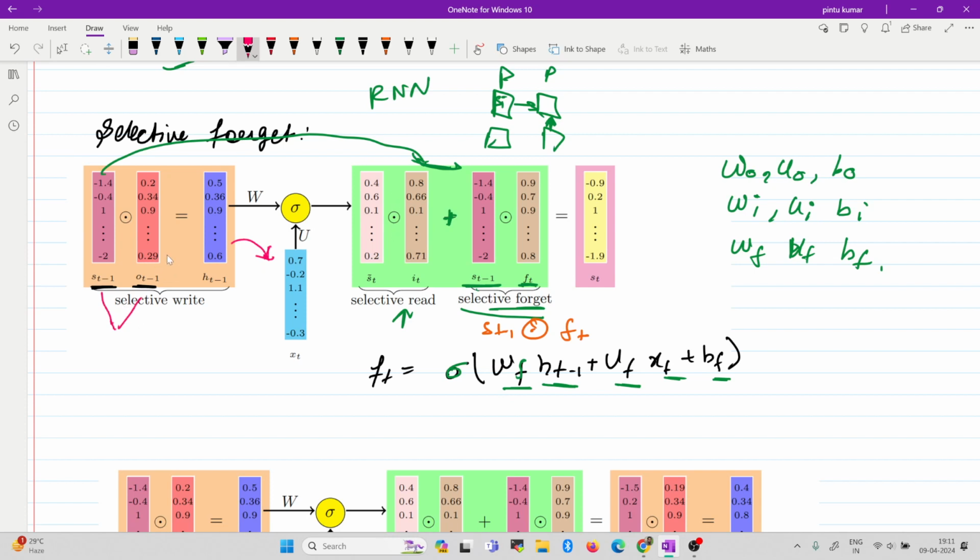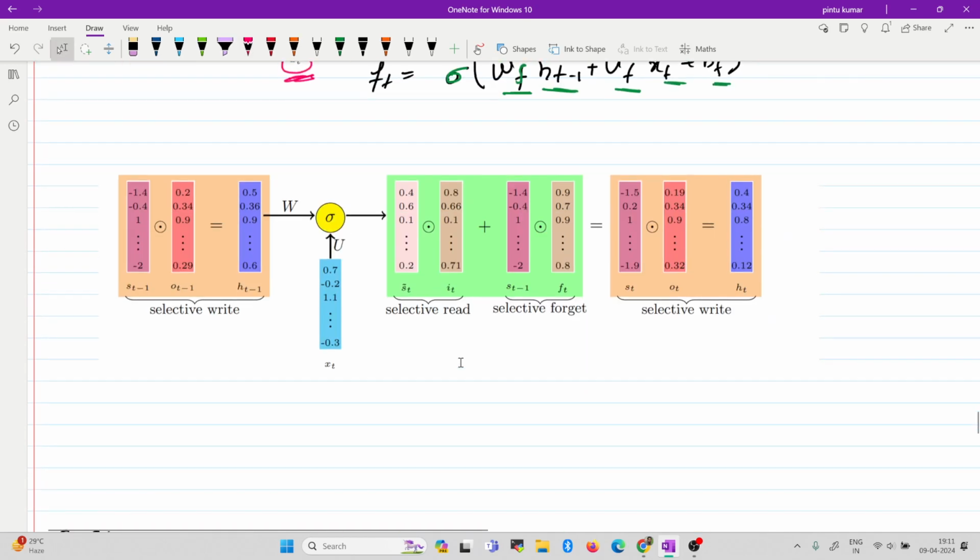So this captures the information that you will use at the next step to calculate the intermediate representation for your x t. And when you are calculating this s of t by forget gate, this is the information that you do not require further in your timeline. So these are two different things.